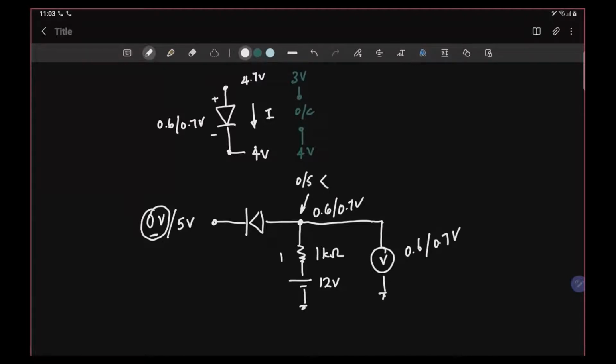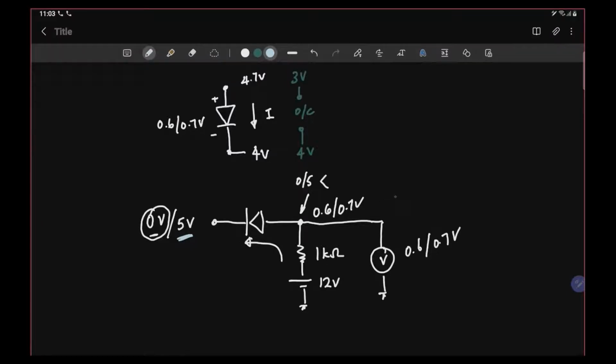And then current will flow in this direction. If I put 5 volts, then I will get 5 volts. This side 12 is still higher than 5, but the diode forces the voltage drop to be 0.7 or 0.6.